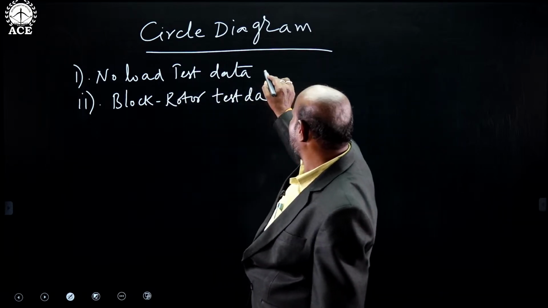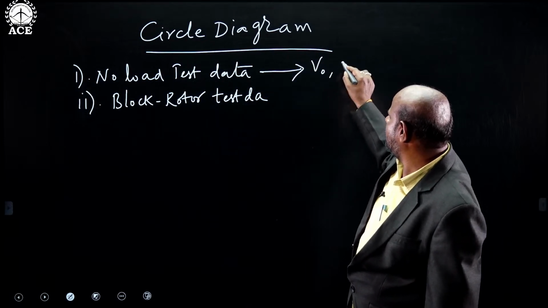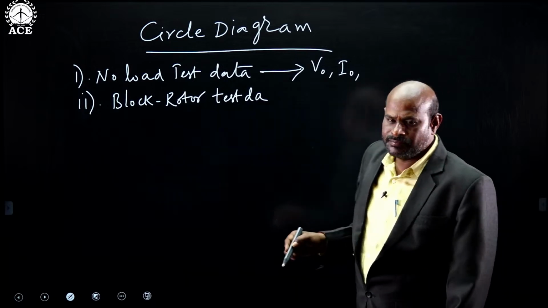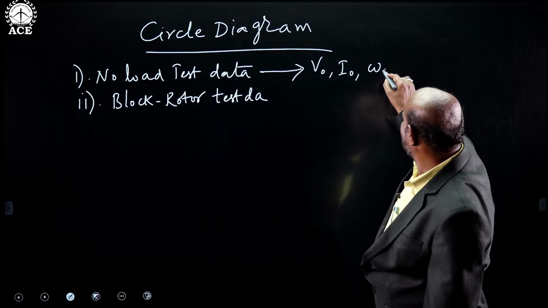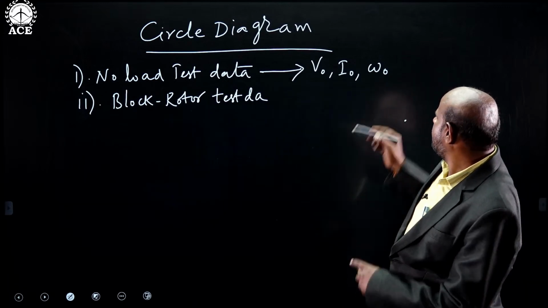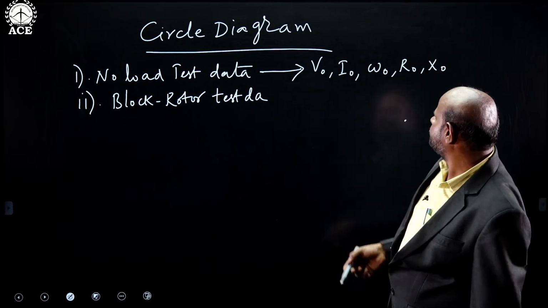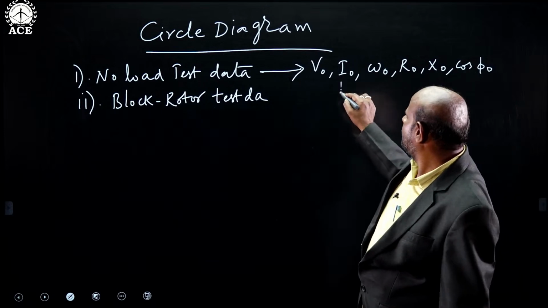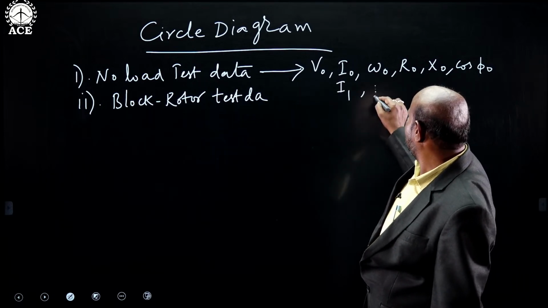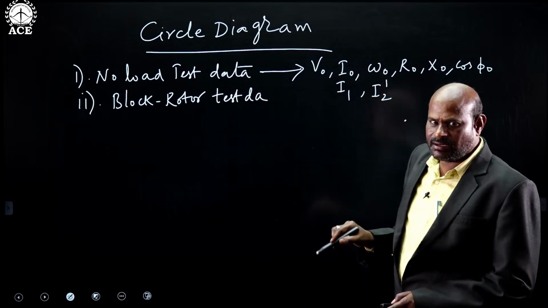From no load test data, we can find V0, I0, the core losses, R0, X0, cos phi naught, and the input current.